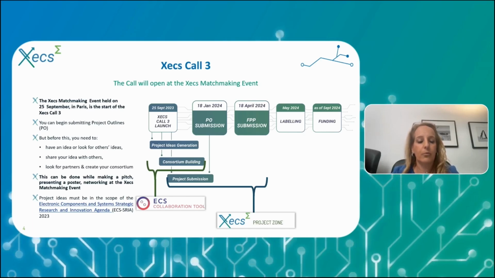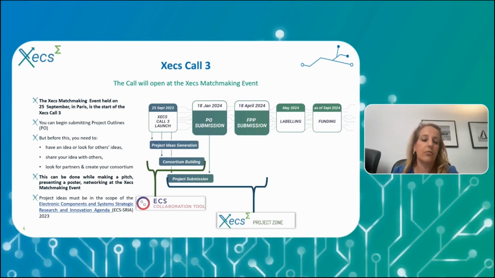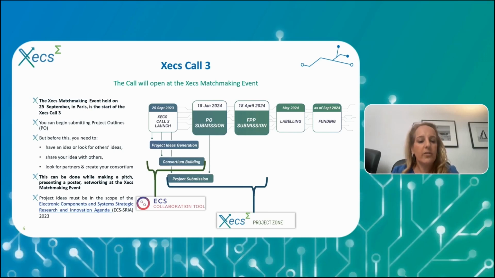Of course, all project ideas must be in the scope of the electronic components and system strategic research and innovation agenda. You will be shared all the slides, and all links are provided, links to the ECS collaboration tool and to the ECS call 3. So we start with this important phase of idea generation and consortium building.